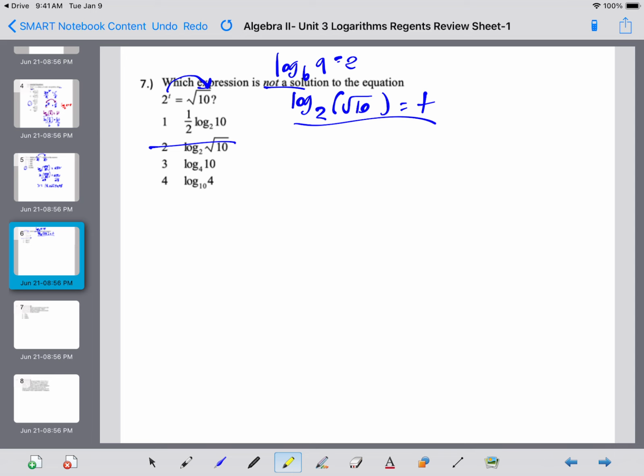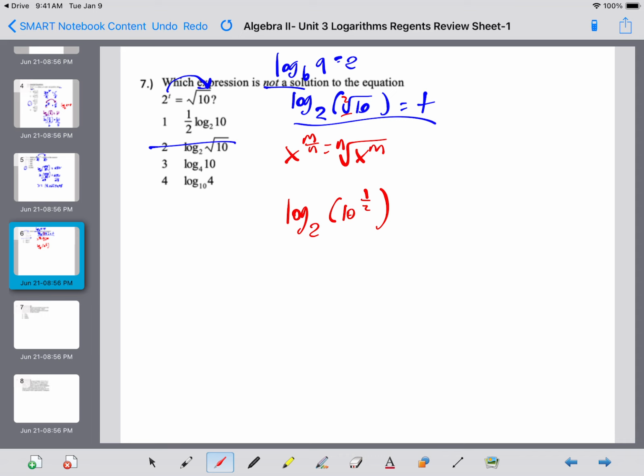So we know x to the m over n equals the nth root of x to the m. So when you have a square root, that's essentially saying the second root, right? That's the same as saying 10 to the 1/2. So we have log base 2 of 10 to the 1/2, right?